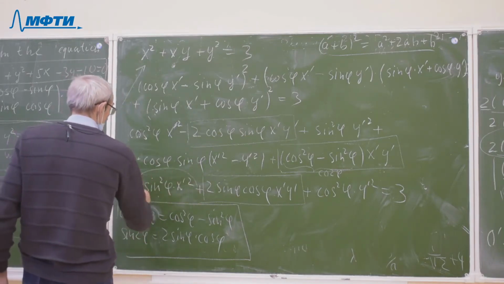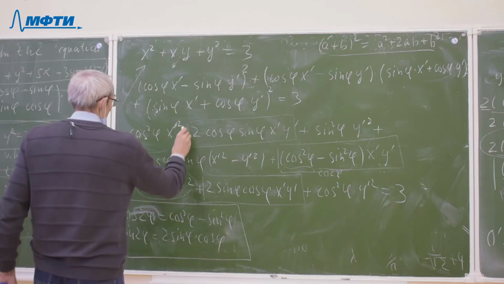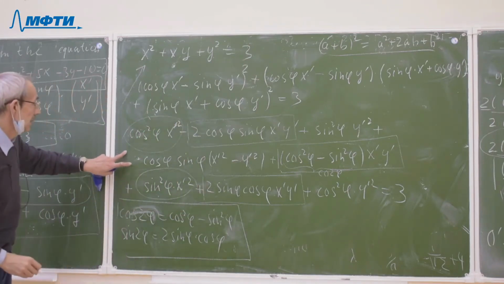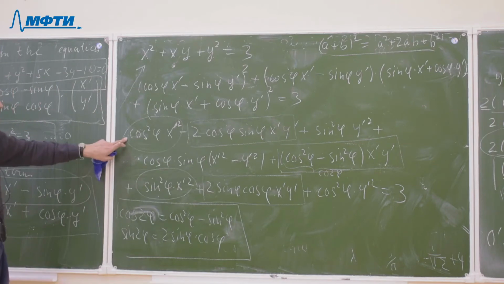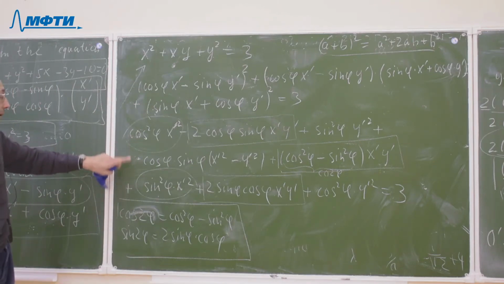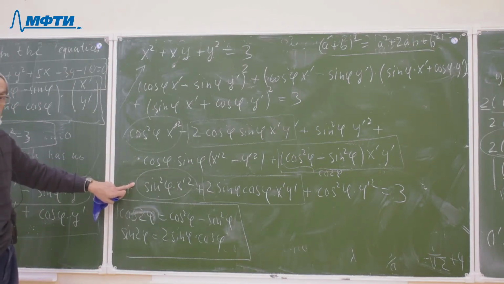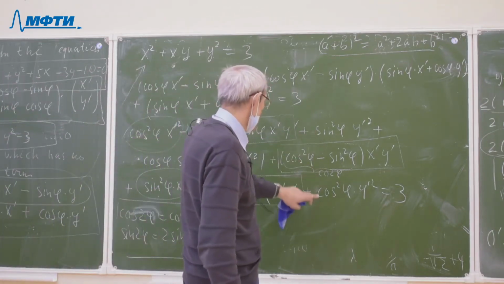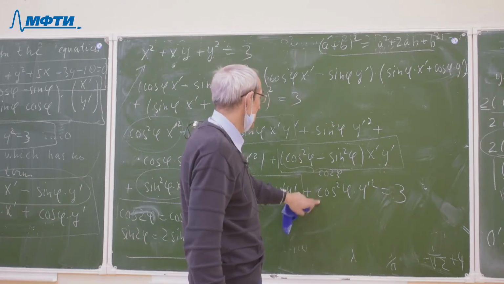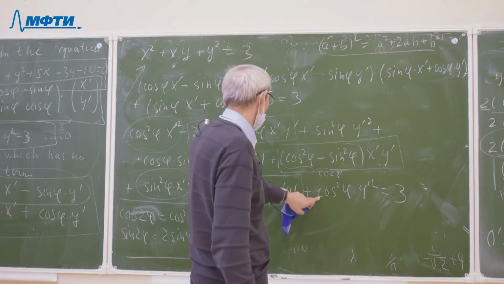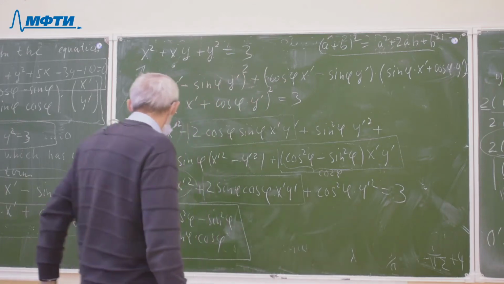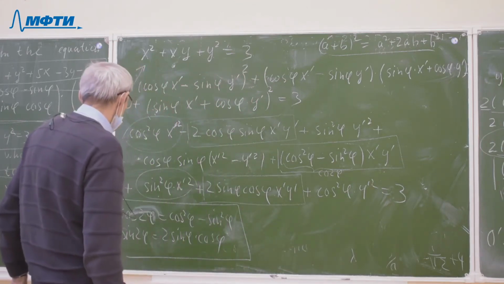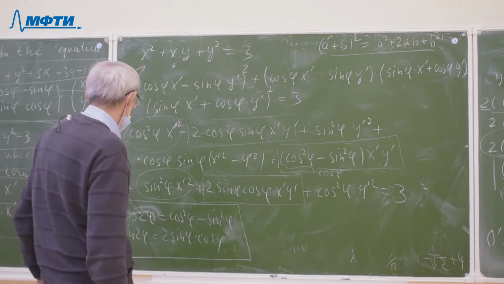This term and this term, after addition, we obtain cosine square plus sine square, and is equal to 1. This term, sine square phi, cosine square phi. The sum is equal to 1.